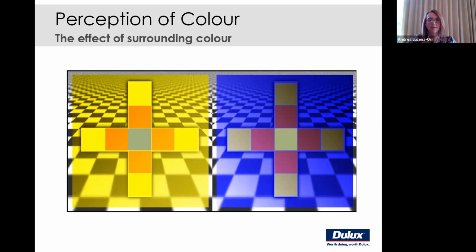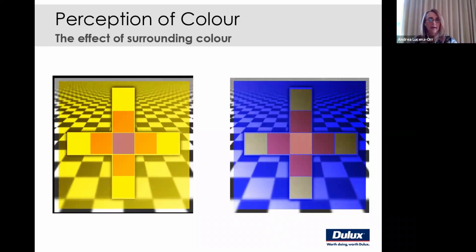Now, if I click on this, you'll see these colours are exactly the same. Just that background colour, the influence it makes is absolutely incredible. So this is the impact of light and surrounding colour on colour.